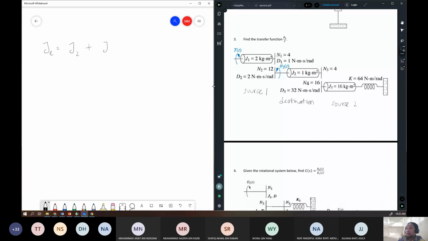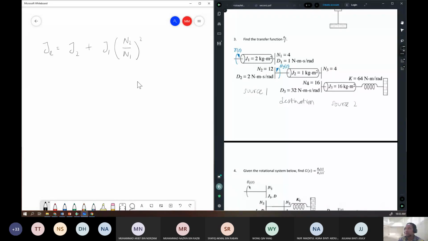So J1 times N2 over N1 squared. So the formula is N destination over N source. Okay, so N destination over N source squared.